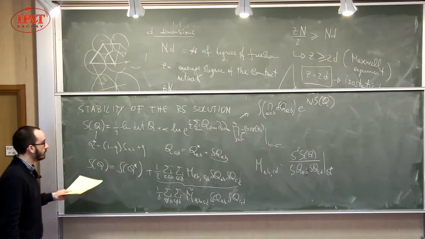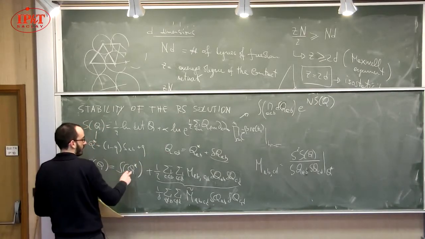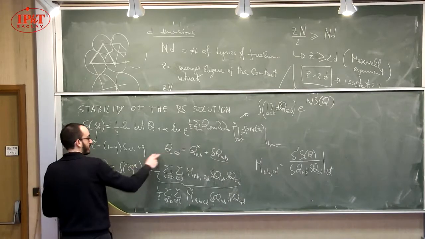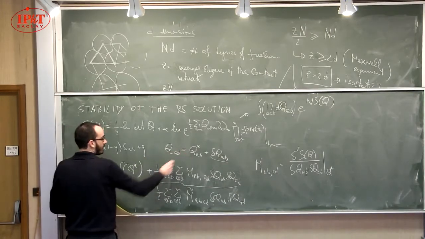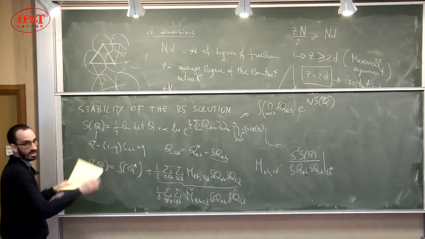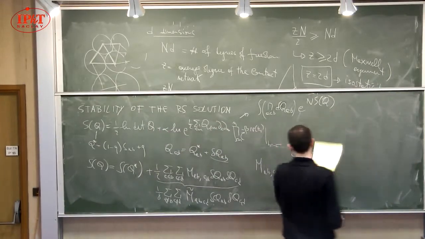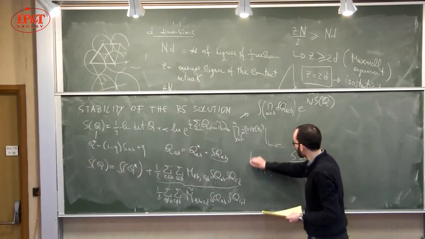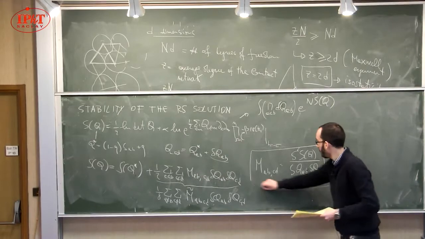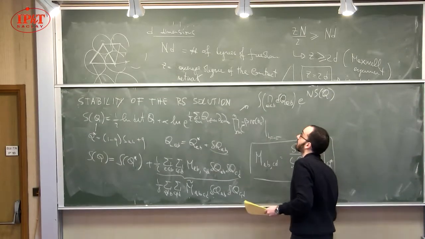And so what we need to do is to check that if we compute the saddle point, and this saddle point is given by Q star, then this quadratic form should be semi-definite negative, because it should be a maximum here. And so what we would like to do is to compute the eigenvalues of this operator here. Let me try to do it.